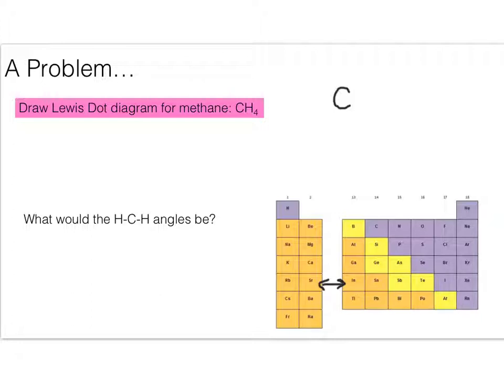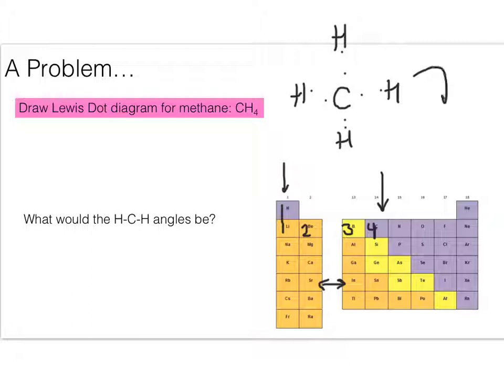And we can see carbon is right here, and it should have 1, 2, 3, 4 valence electrons. And then hydrogen, of course, is over here. Hydrogen has that single electron. And so if we have CH4, then let's construct this. We have 1, 2, 3, 4.